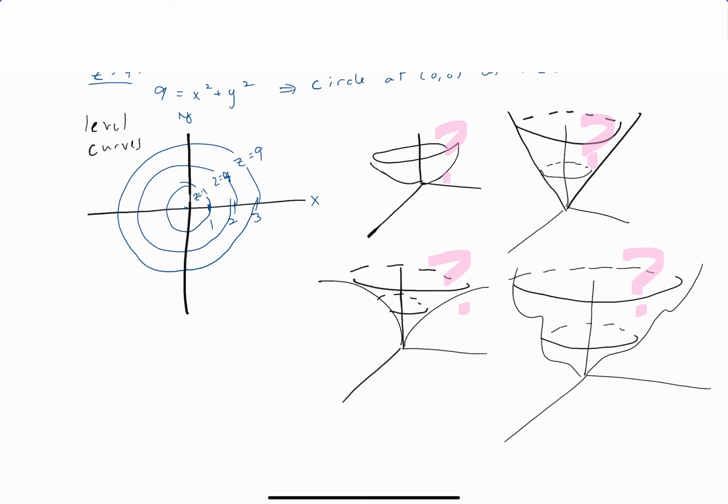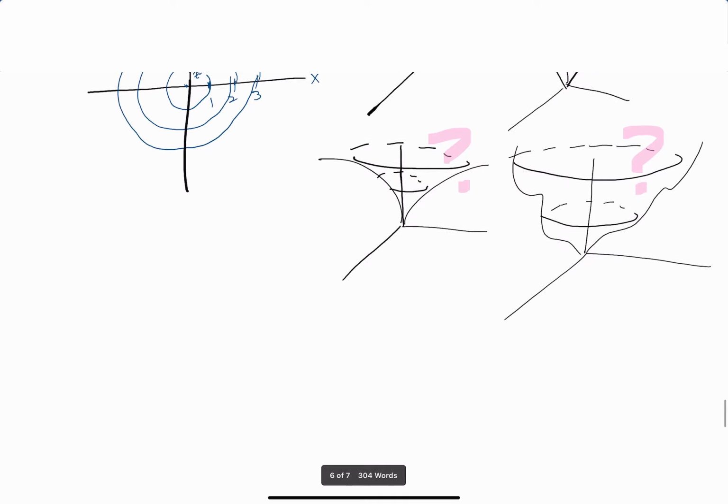Well, again, if you're really good with graphing in 3D, you can maybe come up with what this is supposed to look like. But there is something easier we can do. There's a tool we've already developed back when we were graphing planes, and that's traces.